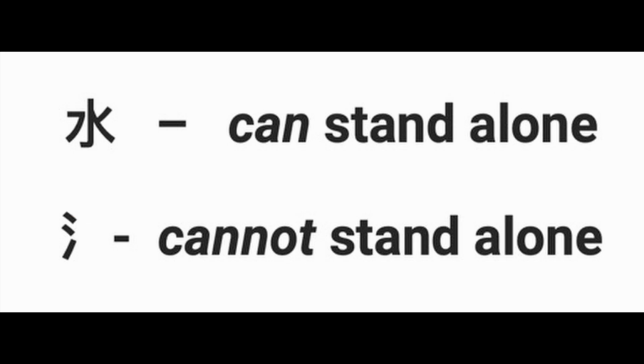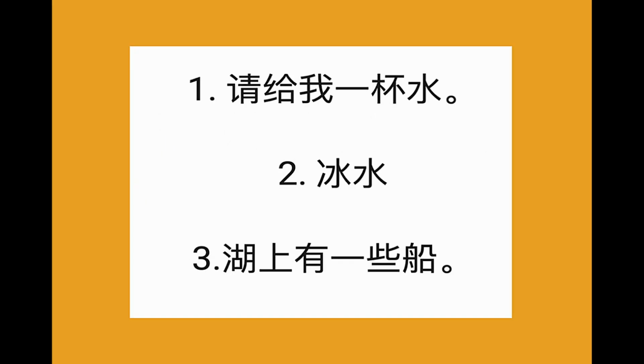As shown in your vocabulary list, some characters have separate radicals and others can be used as both individual characters or radicals themselves. For example, we have the character and the radical for shui, or water. So this one can stand alone, and this cannot stand alone. Now let's look at the sentences and phrases below.